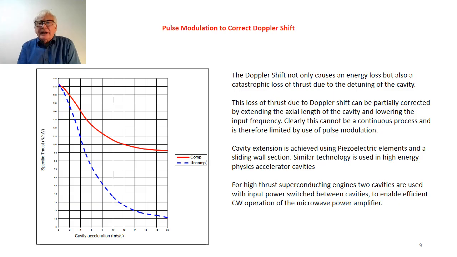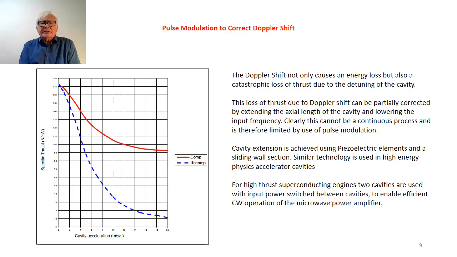And the length is compensated for by using piezoelectric elements. Now we use it to not only extend the length of the cavity to match the lowering frequency due to the Doppler shift, but we also decrease the input frequency throughout the pulse so that it matches this Doppler shift.